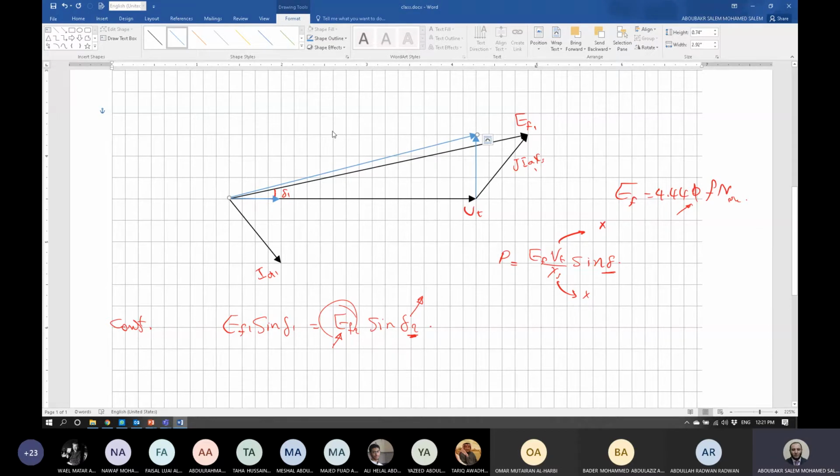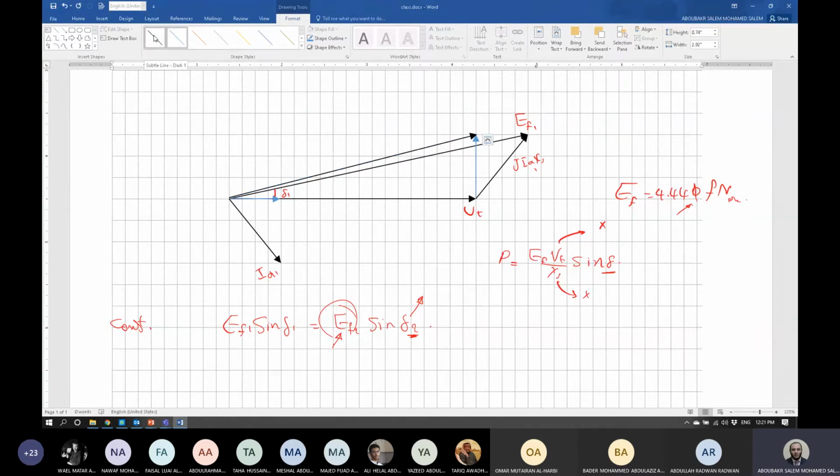So in order to keep the generator working properly, we should increase the value of excitation to return back to the previous point. So this is the way, guys, to keep delta as it is. This is called the constant power operation type.